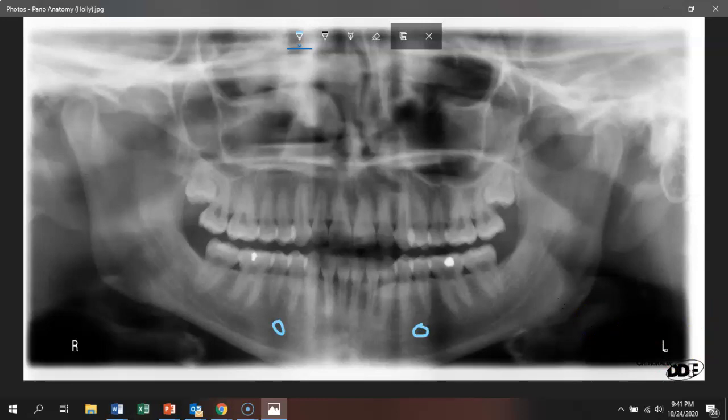Okay, let's see. What else can we find? This is not my favorite part at all, but where would you put the zygomatic process?